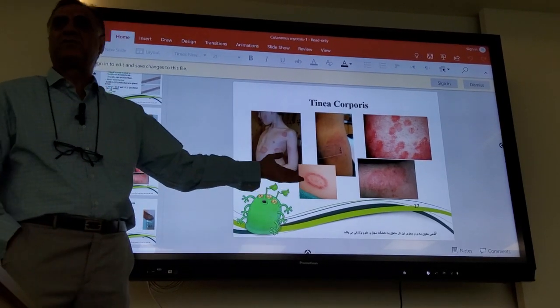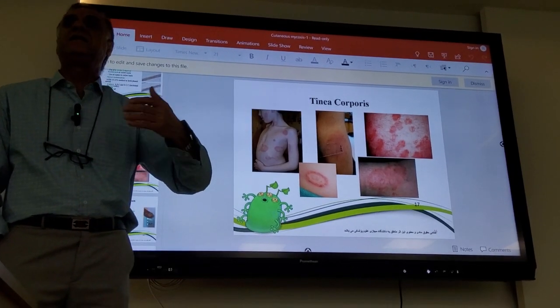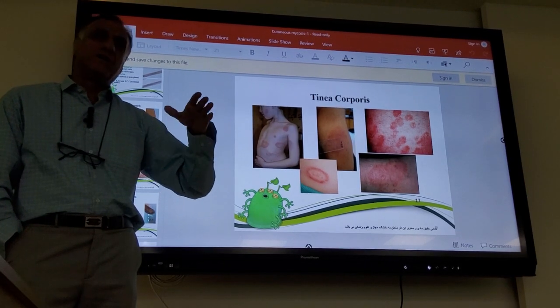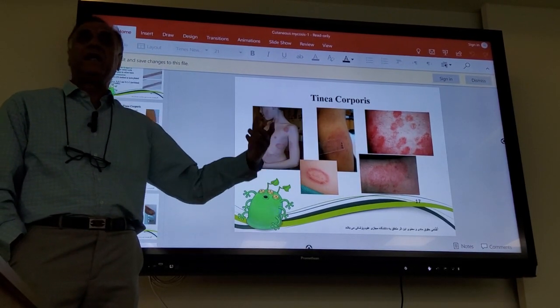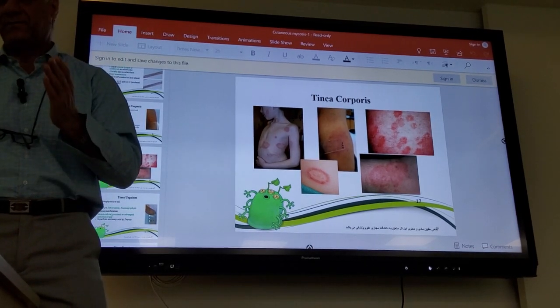In dermatophytosis, we have some skin diseases that may be similar to dermatophytosis. Therefore, we must detect which of them it is.